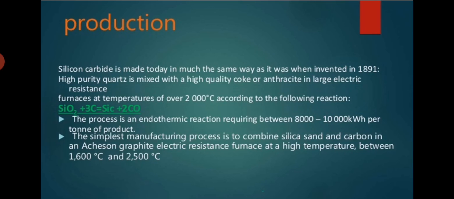This process is an endothermic reaction requiring between 8000 to 10,000 kilowatt hour per ton of product. The simplest manufacturing process is to combine silica sand and carbon in an Acheson graphite electric resistance furnace at high temperature between 1600 to 2500 degrees Celsius.